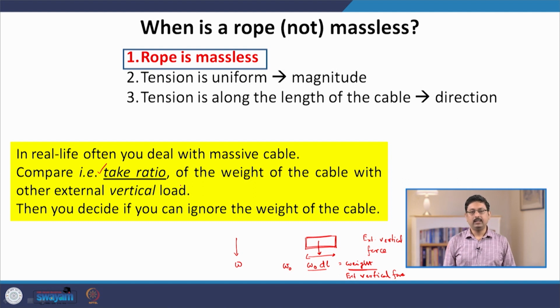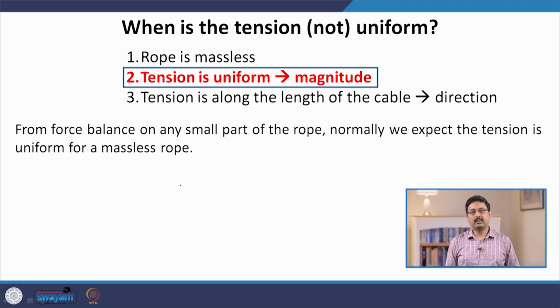But as you can understand easily, you have to determine in a given situation whether this is justified. Our next statement that we often find in simple textbook problems is that tension is uniform, that is, the magnitude of the tension is the same everywhere along the rope. This is what we normally expect from the force balance on any small part of the rope.